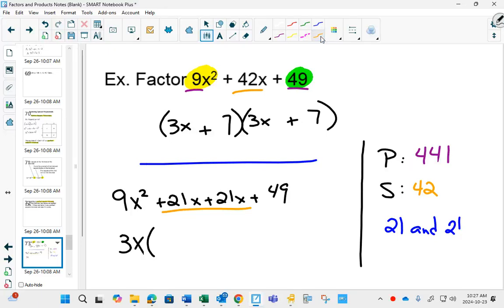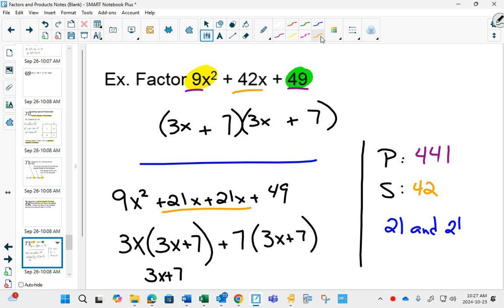A 3 and x, leaving me with 3x plus 7. Second one is what's in common is a 7, leaving me with 3x plus 7. The 3x plus 7 is in common. I can factor that out, leaving me with a 3x and a plus 7. That's the grouping method. I have one tough one on your quiz tomorrow.